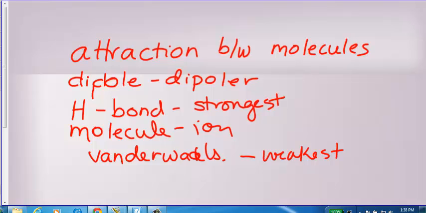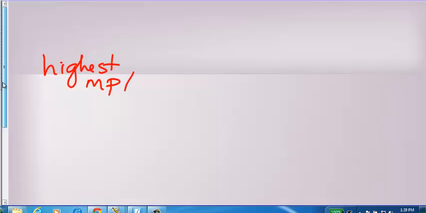So things that have hydrogen bonds would have higher melting and boiling points for covalent things than things that don't. If they ask you, because that is actually a question that comes up often, who has the highest melting point or boiling point, the first thing you want to do is look for something ionic.